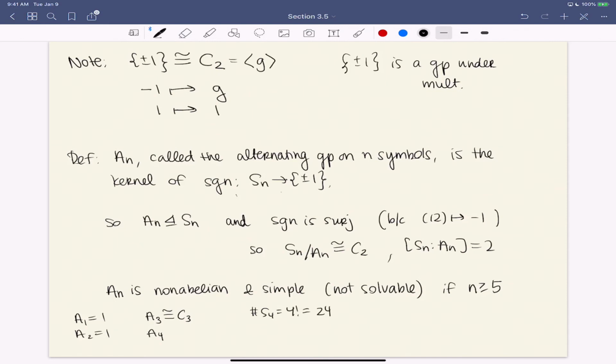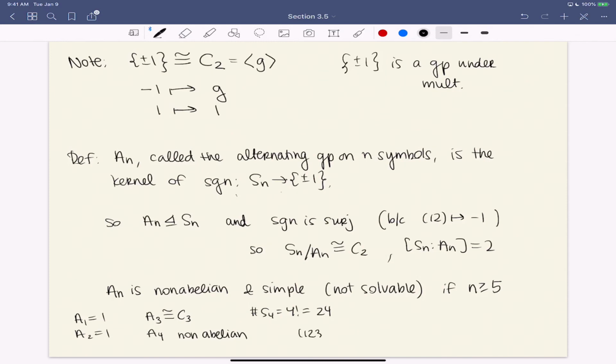So the size of A4 is 12, and there's more than one group of order 12. But actually, I think that this one is also non-abelian because it contains two 3-cycles that have overlapping elements.